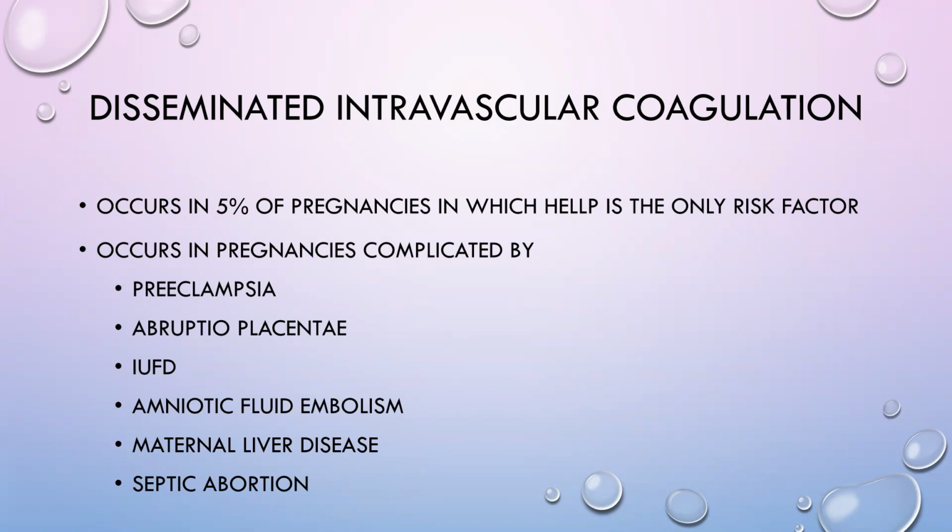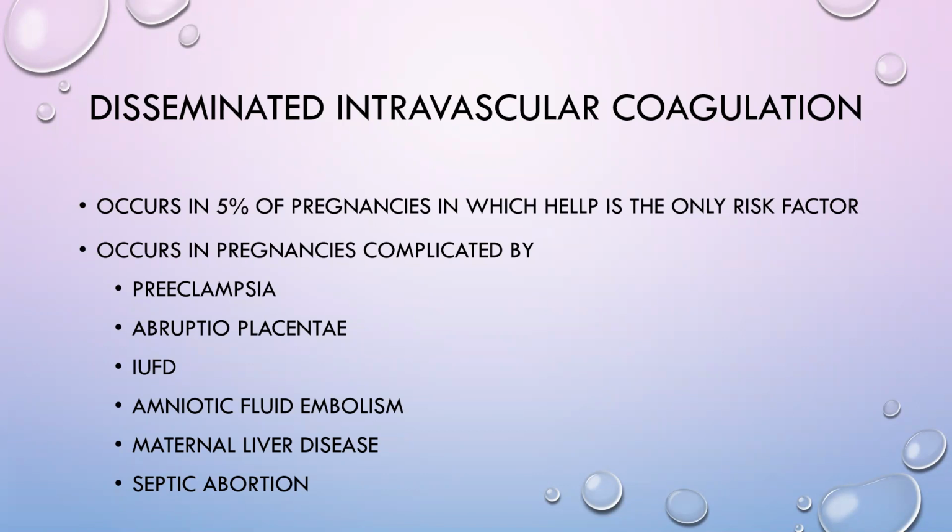Preeclampsia can lead to HELLP syndrome or can change to HELLP syndrome. Both can progress to another disorder called disseminated intravascular coagulation. This is DIC. DIC is a very serious condition. It occurs in about 5% of pregnancies where they were diagnosed with HELLP syndrome.